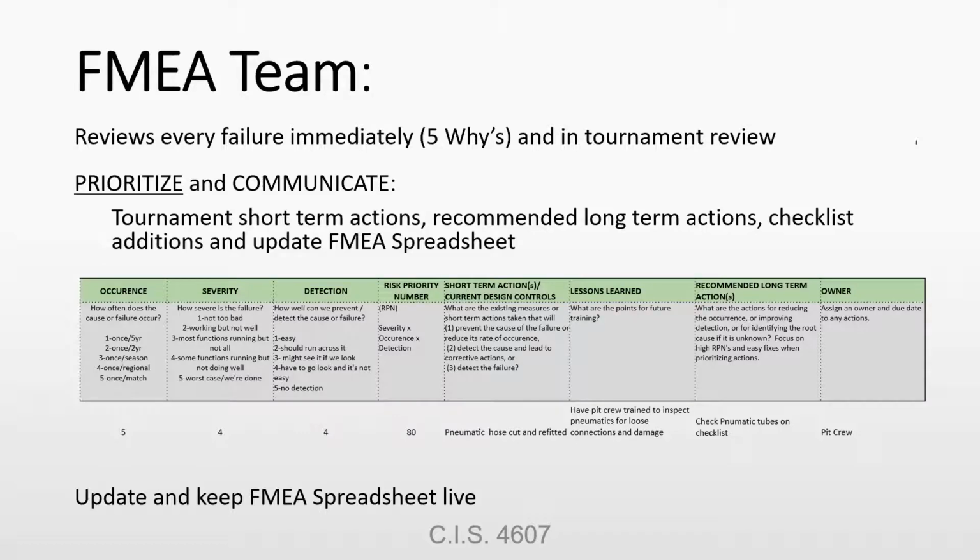This is our way of doing our short-term actions with our long-term actions. So the main part of that is updating and keeping the FMEA spreadsheet live. It does seem like a little bit of extra typing and work to do, but that's our way of communicating, and then keeping everything traceable.